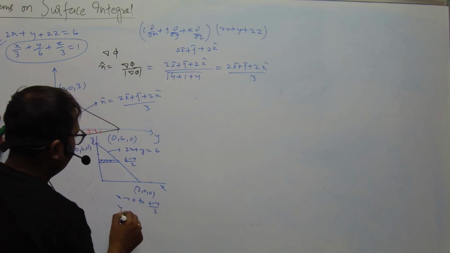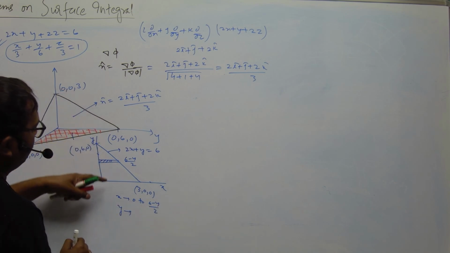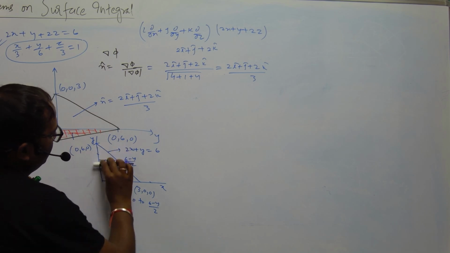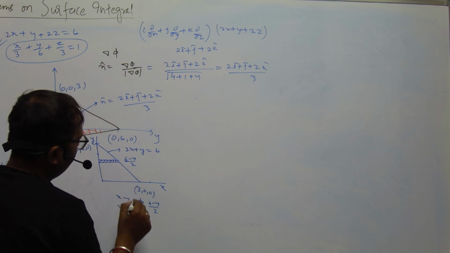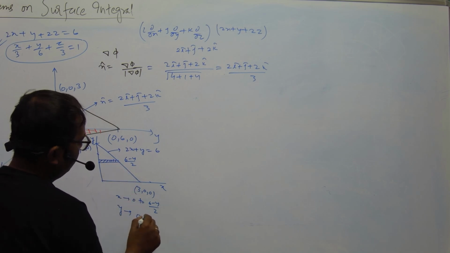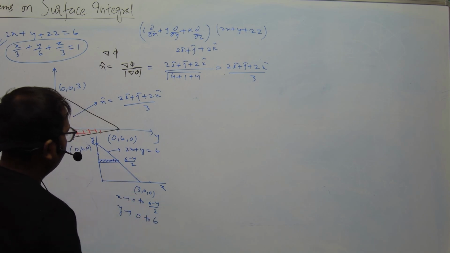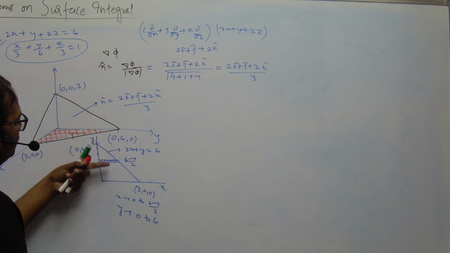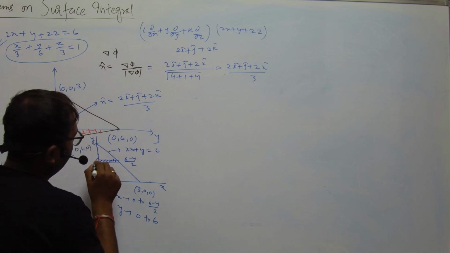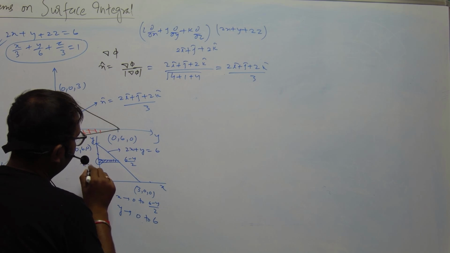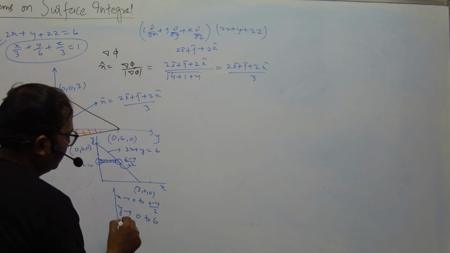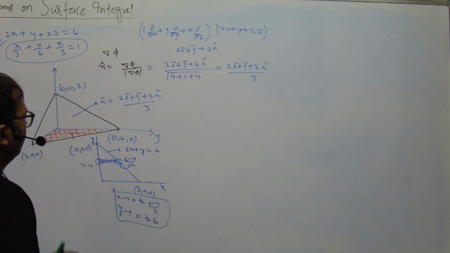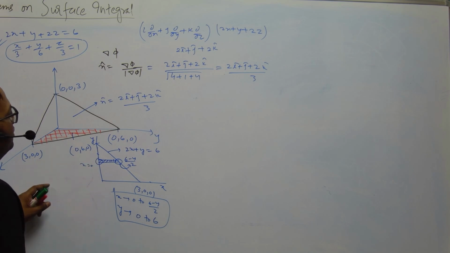The strip moves in this particular fashion, so the y limit will be from 0 to 6. Here we have x equal to 0, and here x is equal to 6 minus y upon 2. These are the limits on the integral along the region R.